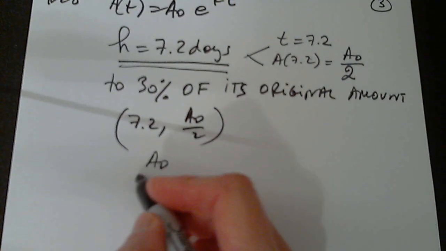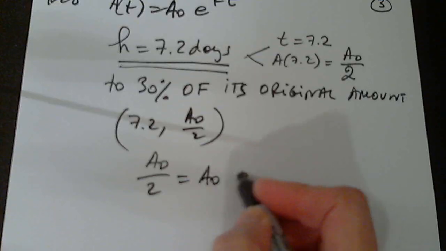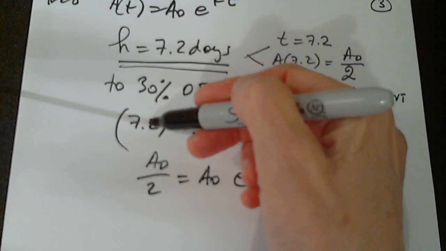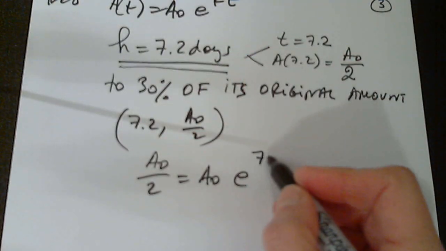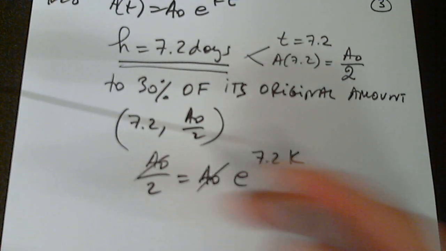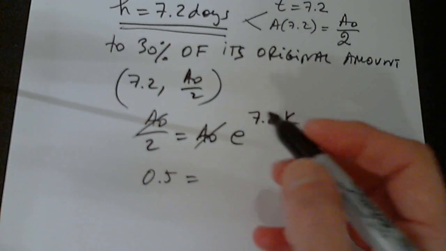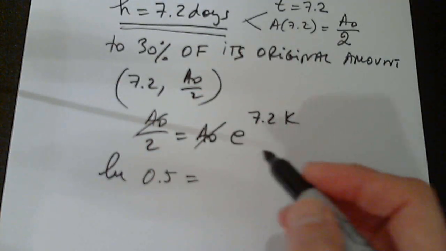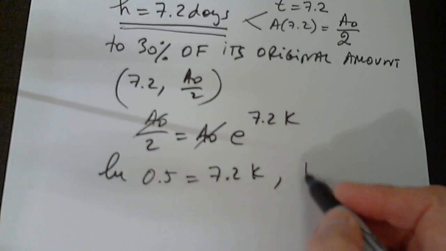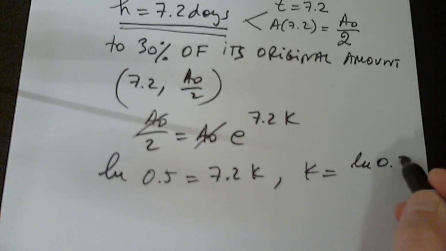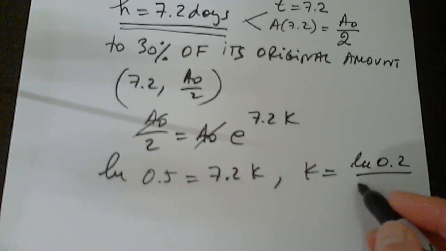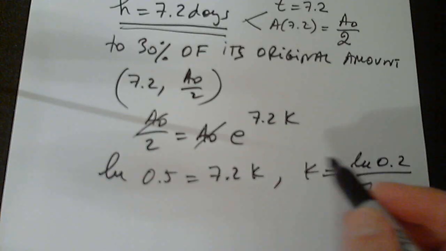How do I do this? So A0 divided by 2 equals A0 e to the 7.2 times K. Of course, I will simplify. That's the whole purpose. I have here 0.5 equals e to the 7.2K, and I apply natural log, so K equals natural log of 0.5 over the half-life, which is 7.2.